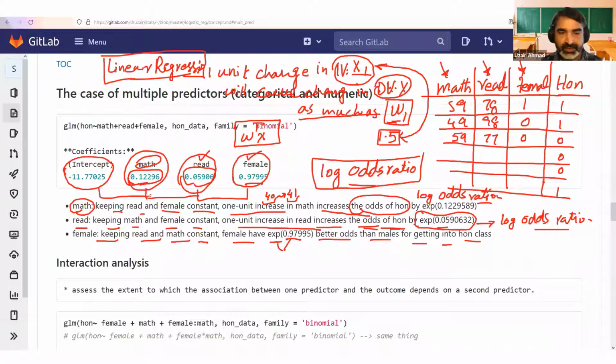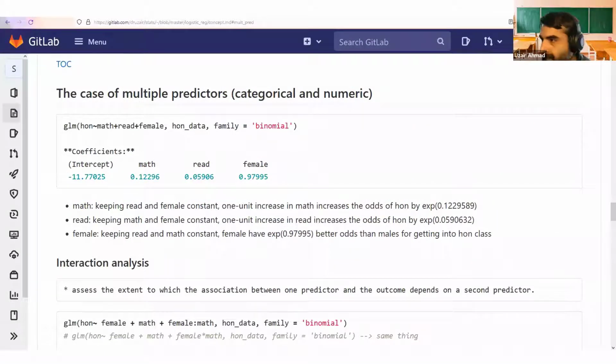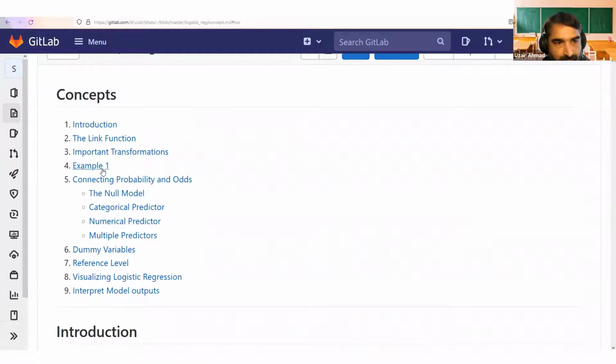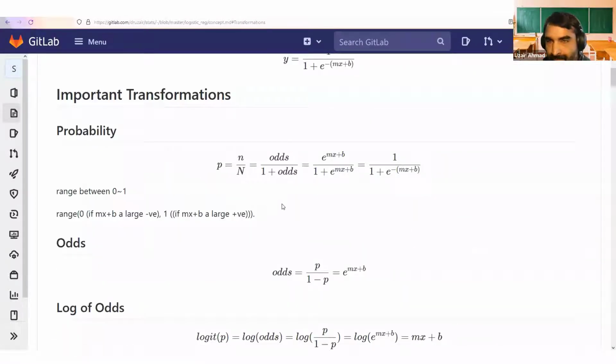In logistic regression, we talk about log of odds. Now, you must be interested in revising what are odds, what is odds ratio, and for that, let's revisit few of the concepts that we have there for probability, odds, log of odds, and odds ratio.